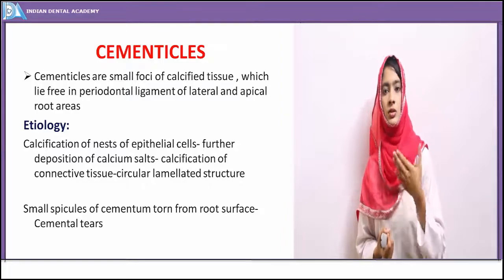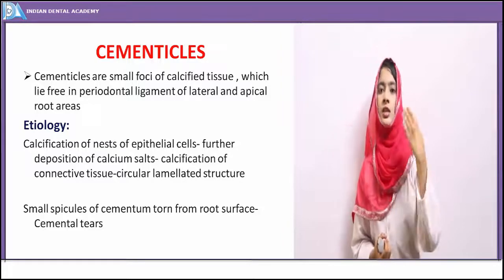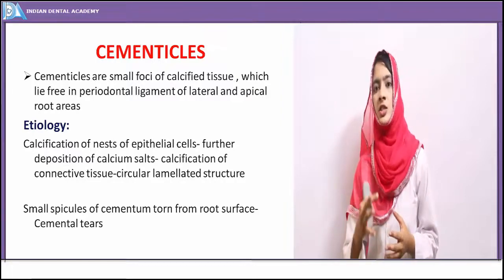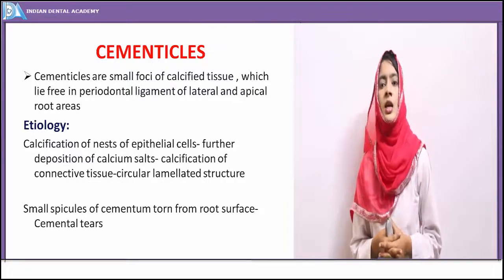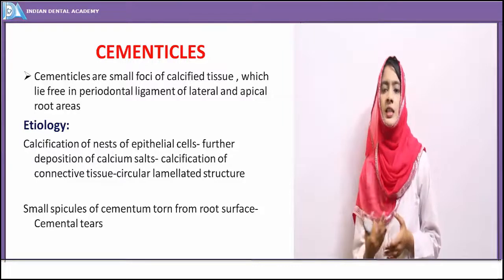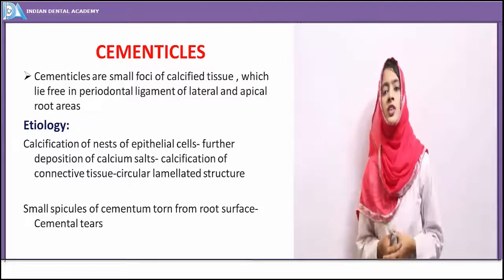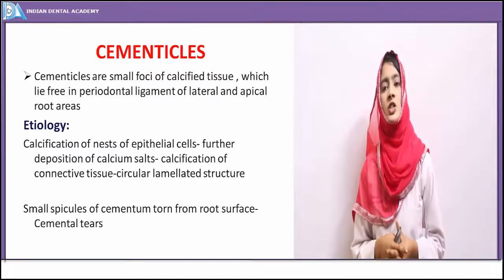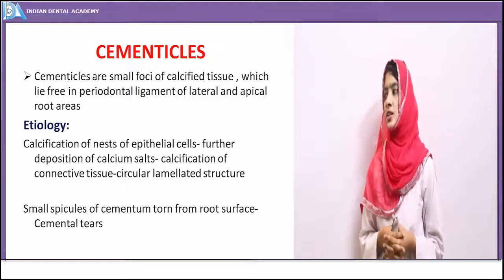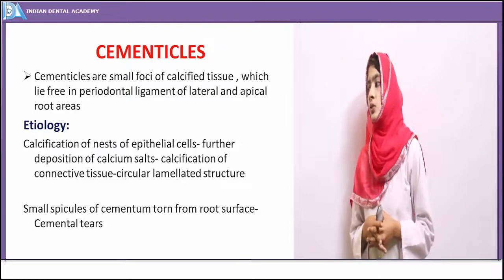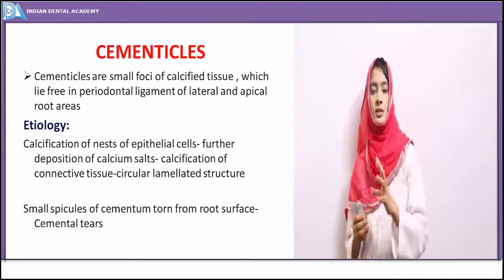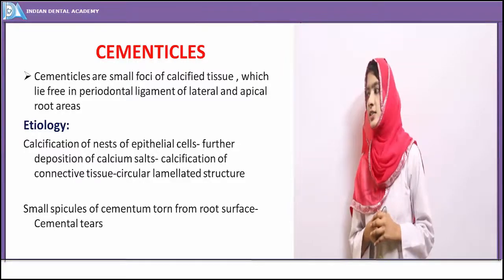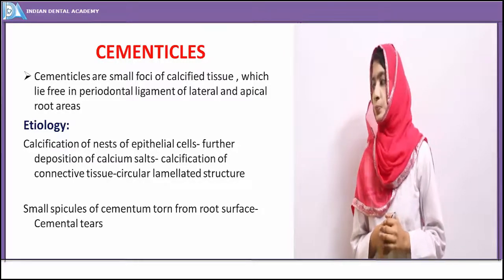How does ossification occur in the periodontal ligament? Initially, epithelial rests of Malassez are present. If calcification occurs in the epithelial rest by deposition of osteoid tissue or calcium, it leads to formation of calcified tissue in concentric layers, like a lamellated structure.